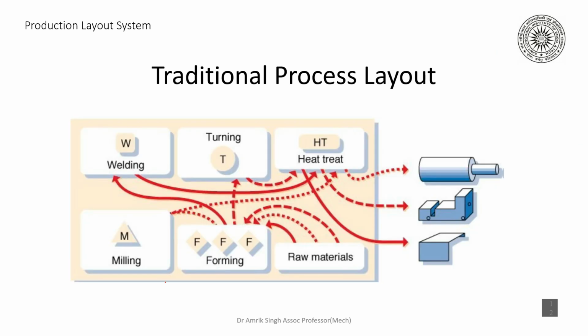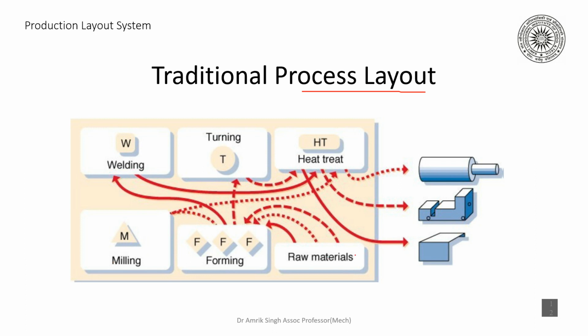Now, the second type of layout is the process layout. It is the traditional process layout, where the machines are arranged in groups. Welding is there, turning is there, heat treatment is there, raw material is there, forming section is there, milling section is there.